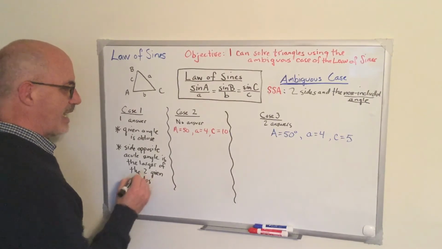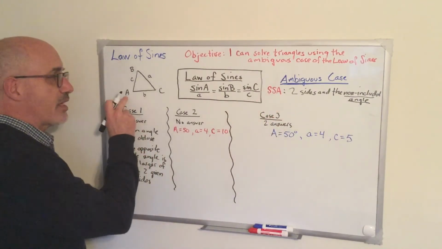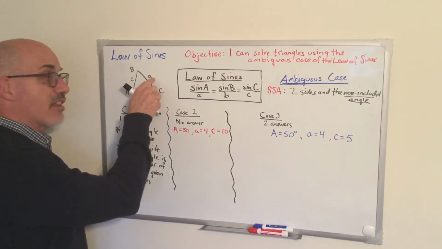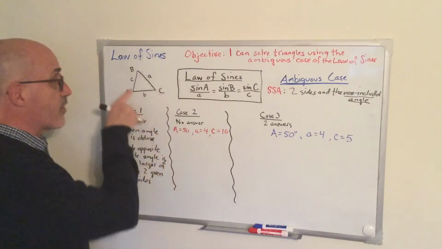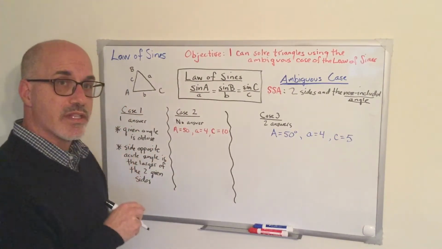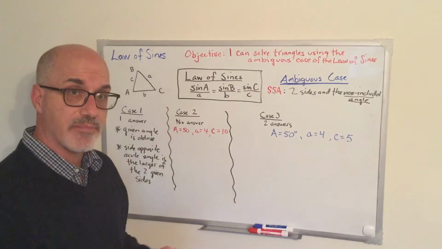So that case also, if it's side-side-angle, for instance, if I'm given angle A, if the side opposite angle A, little a, is the larger of the two, say it's larger than c being given, then you only get one solution. You can go ahead and use the law of sines and you're all set.